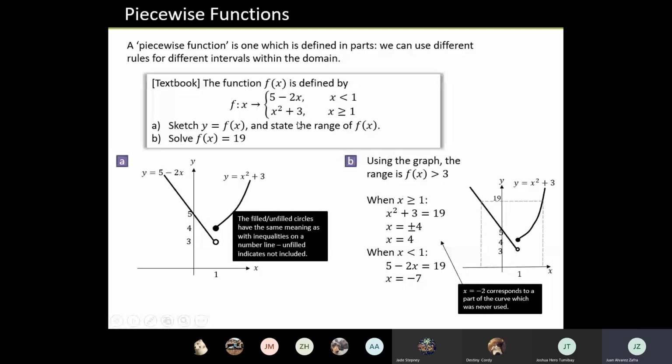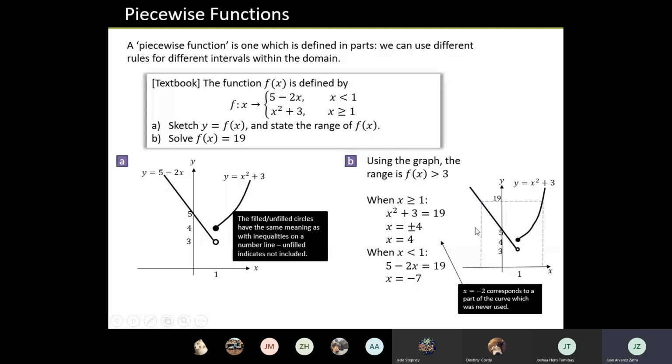So the x equals 4 is fine, but the x equals minus 4 would have crossed the quadratic if we'd drawn it beyond its domain, but we mustn't draw it beyond its domain, and so the -4 solution is not appropriate. It would be wrong. And then for this part here, we need to solve 5 minus 2x equals 19, which gives you x is -7, and that is in the domain of this formula, so that solution is fine.